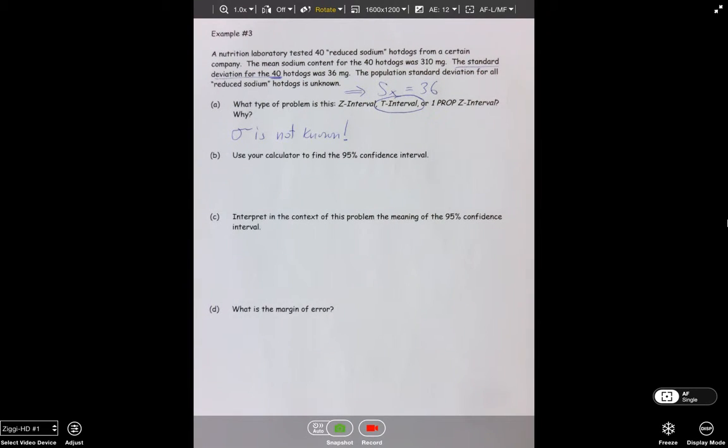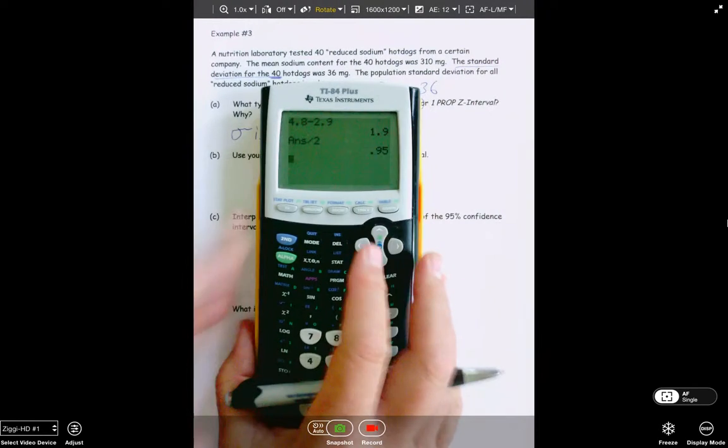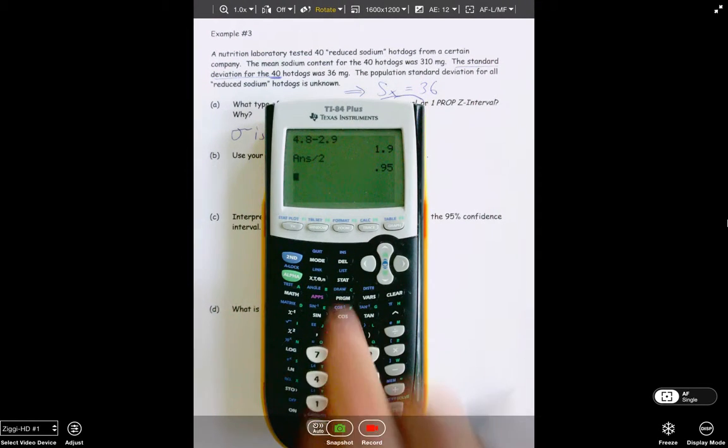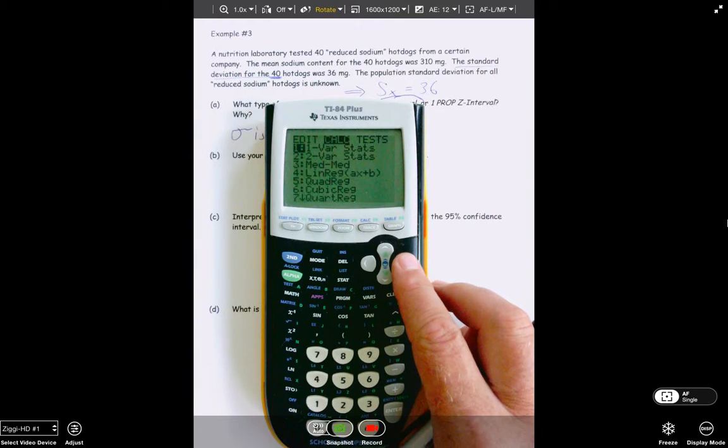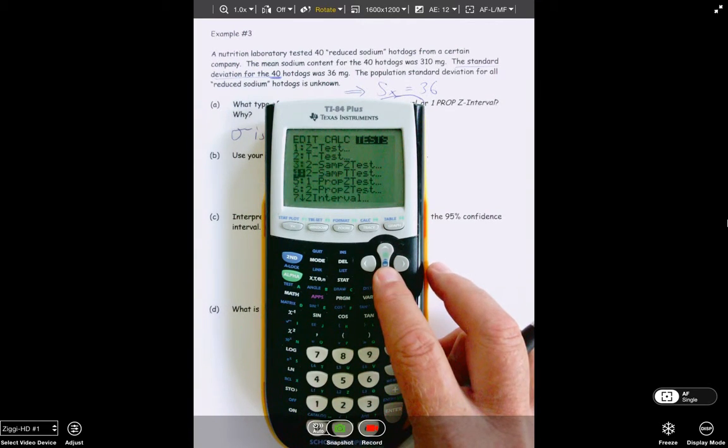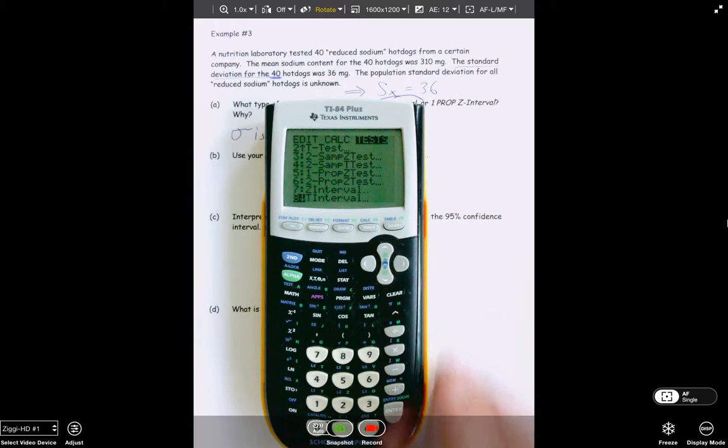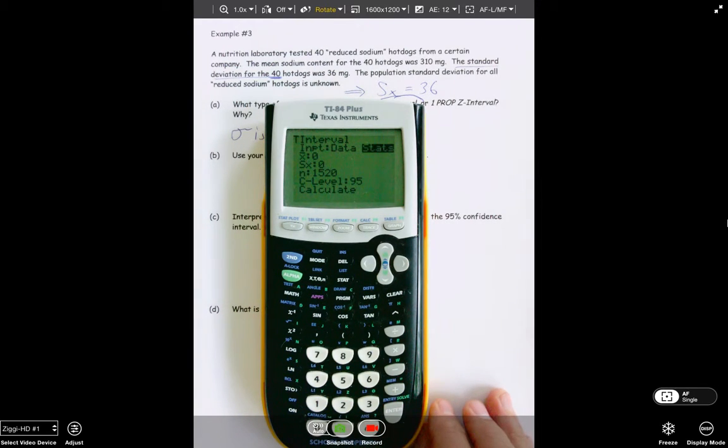All right. So use your calculator to find the 95% confidence interval. So let's do it. So I got a t-interval. Sample mean looks like it's 310. Sample standard deviation looks like it's 36.